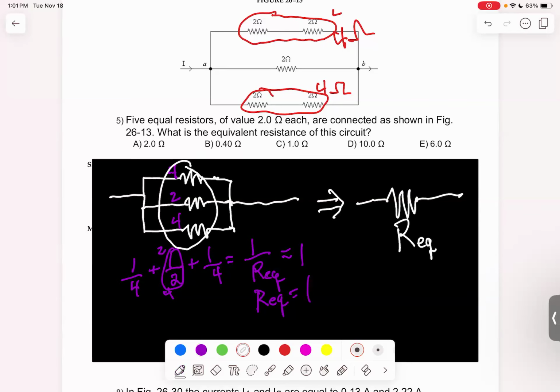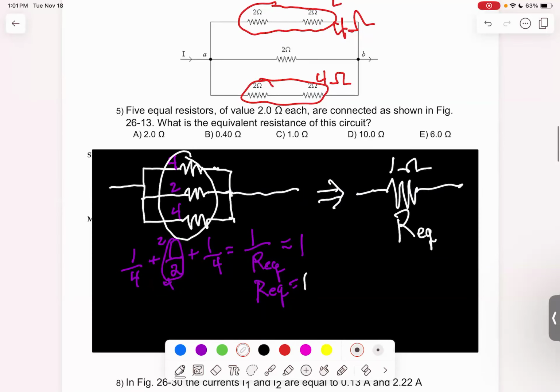So this resistor over here is 1 ohm. So those 5 resistors create one big resistor; we're thinking of it as one big resistor of 1 ohm. And that's all we were asked to do here. So our answer should be C.